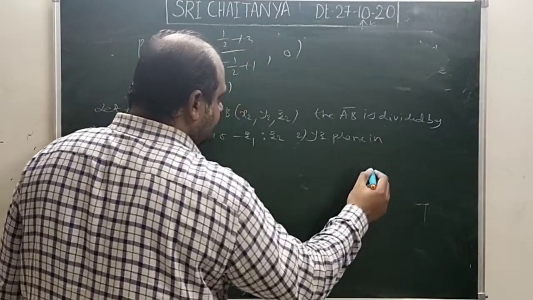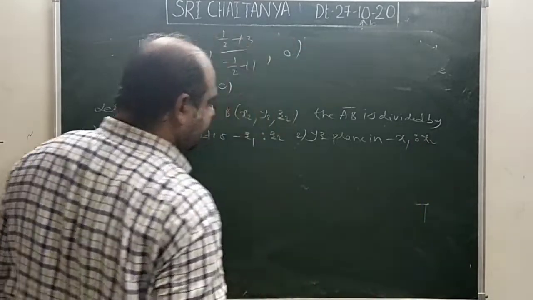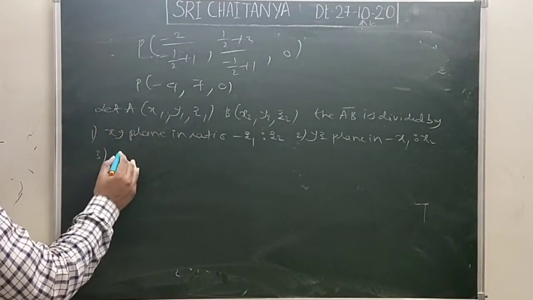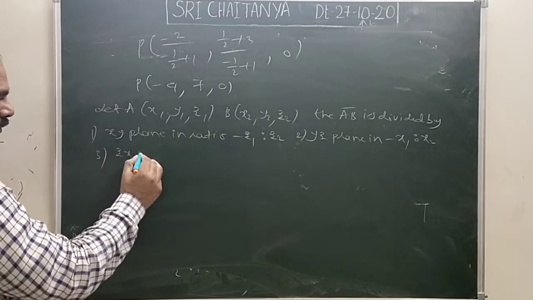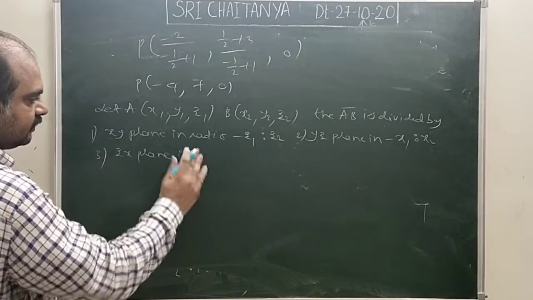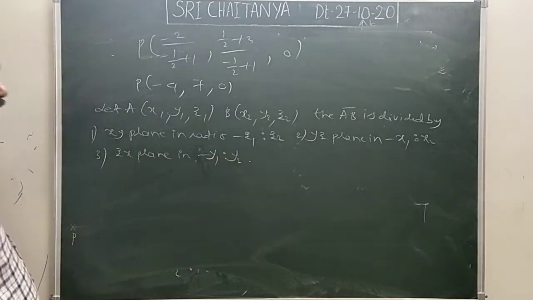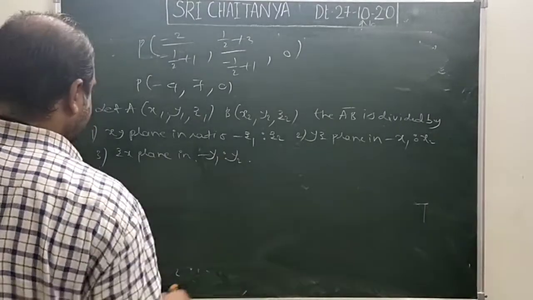The YZ plane divides it in the ratio minus x1 is to x2. The ZX plane divides it in the ratio minus y1 is to y2. This is the formula. In the previous problem, he has asked about the XY plane.